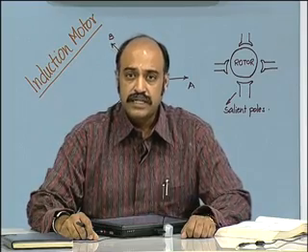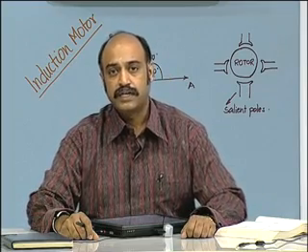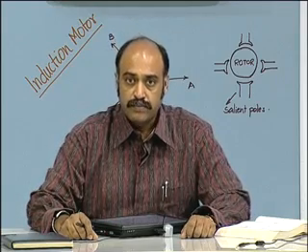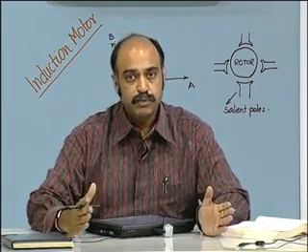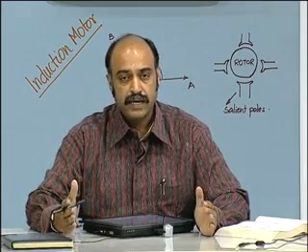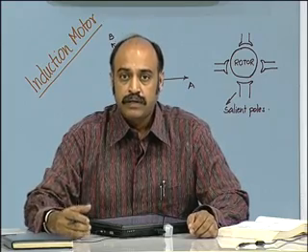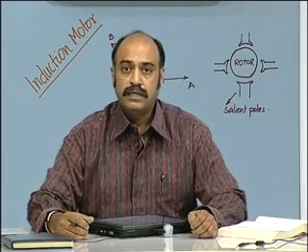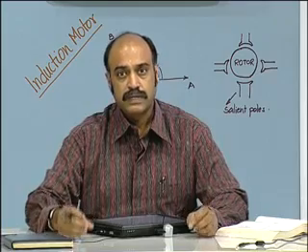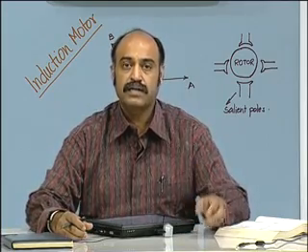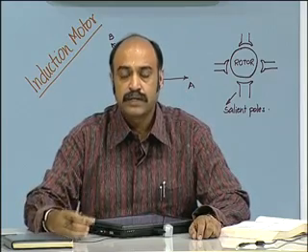So we began our discussion by an initial comparison of the induction motor with the three-phase transformers. In the case of three-phase transformers, we had the energy movement from the electrical side into the magnetic domain and then back again into the electrical domain in the secondary. In the case of the induction motor, it is also similar in the sense that you have a primary side coil called the stator, the secondary side coil called the rotor.